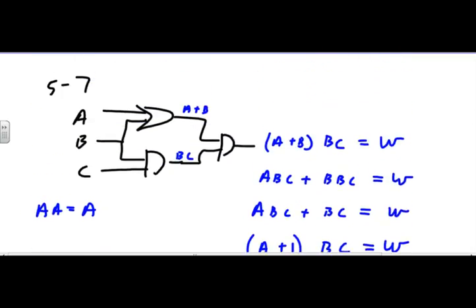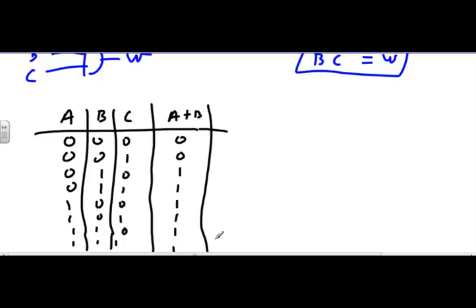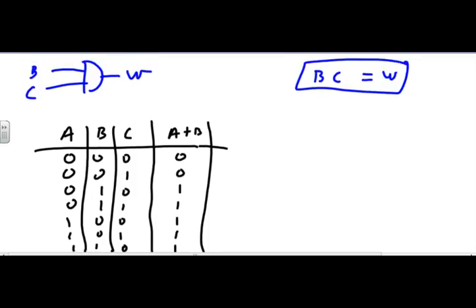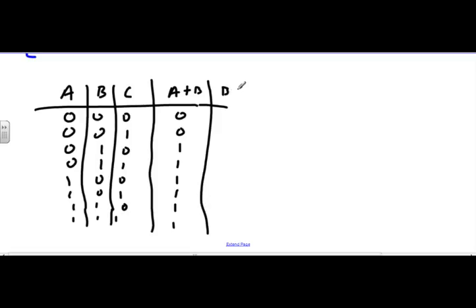I'm going to look at A or B: 0, 0, 1, 1, 1, 1, 1, 1. And then I'm going to look at B C: 0, 0, 0, 1, 0, 0, 0, 1.